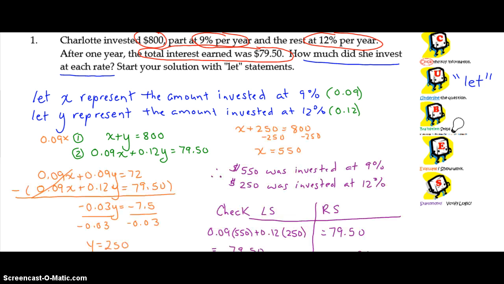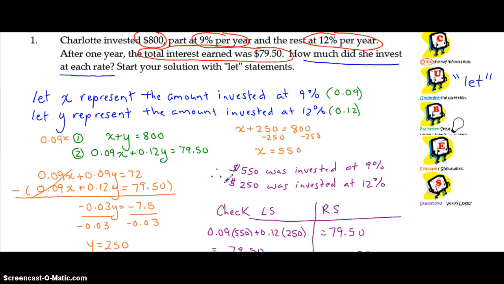Okay, welcome back to the video. Hopefully you found that the y value was 250 and the x value was 550. And since the x represented the amount invested at 9%, your statement at the end, $550, was the sum of money that they invested at 9%.